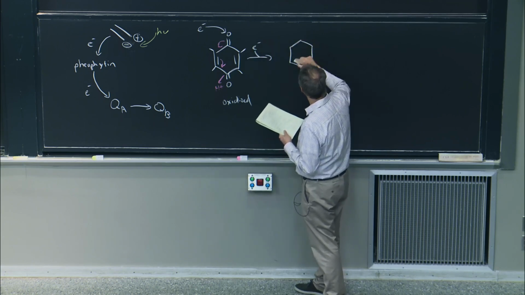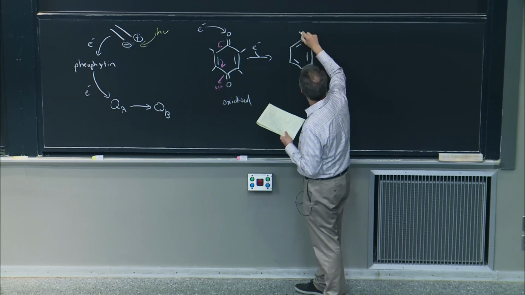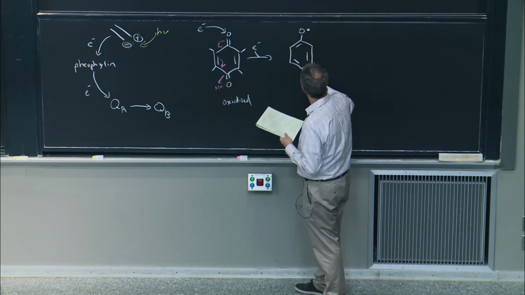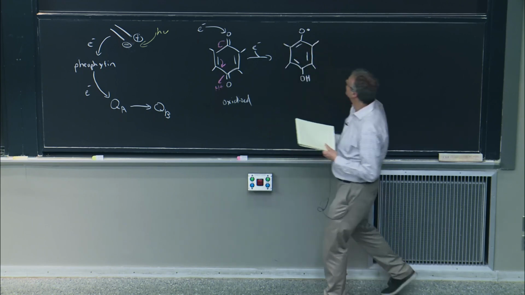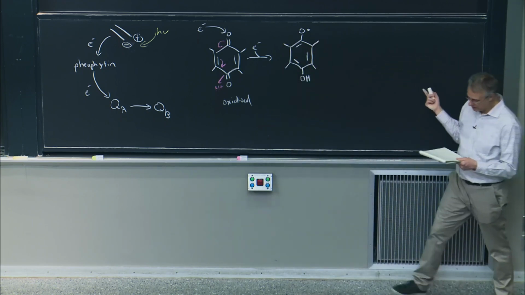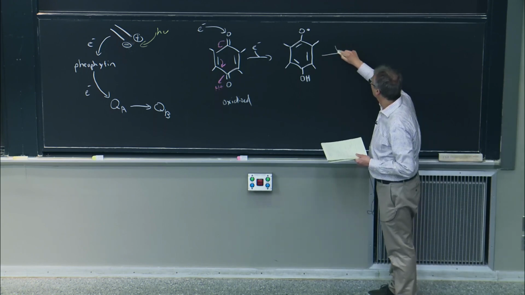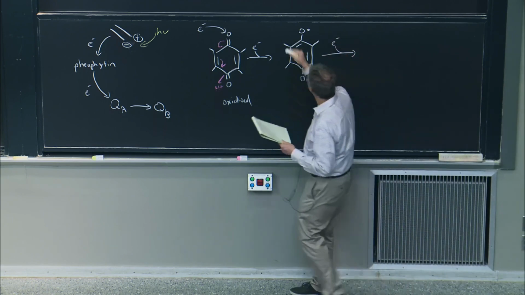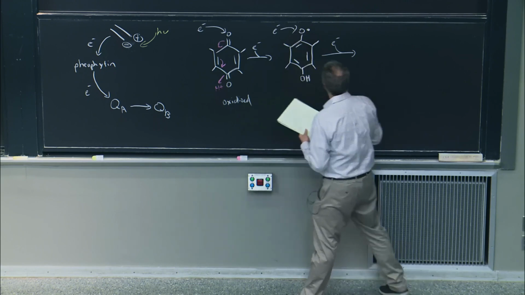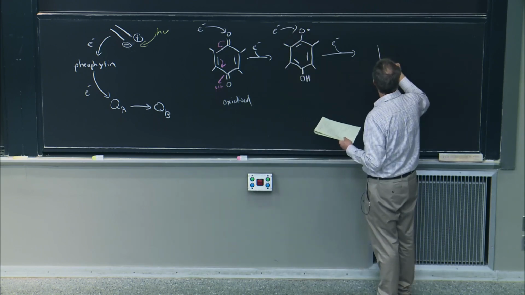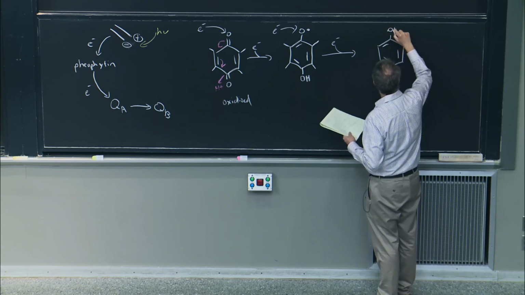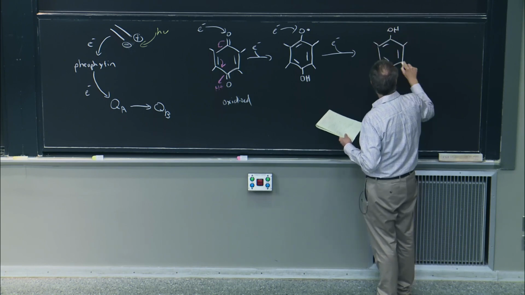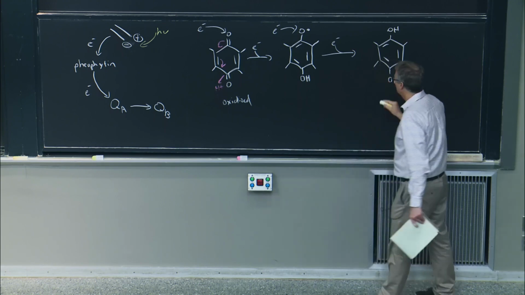Okay, so that will generate this semi-quinone, remember, with the stabilized free radical. Now you can pick up a second electron, okay, and that ultimately generates the fully reduced quinone, the quinol.